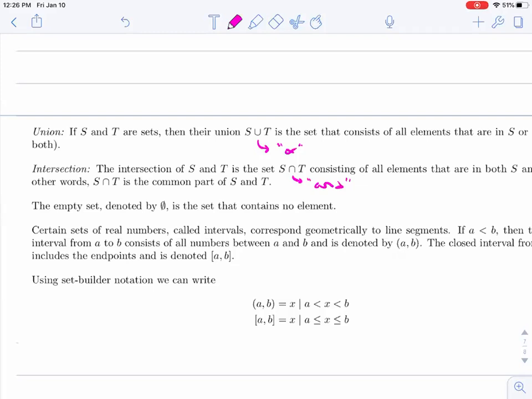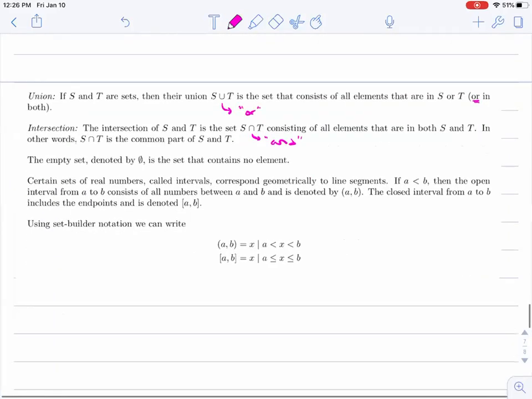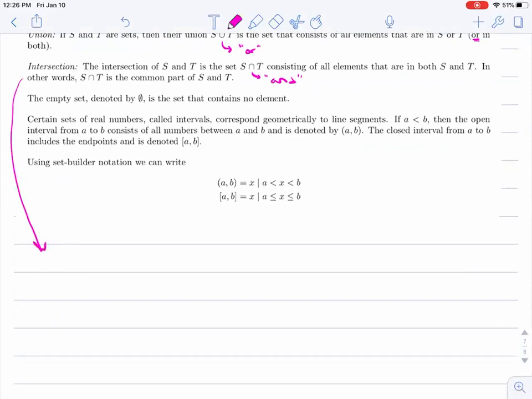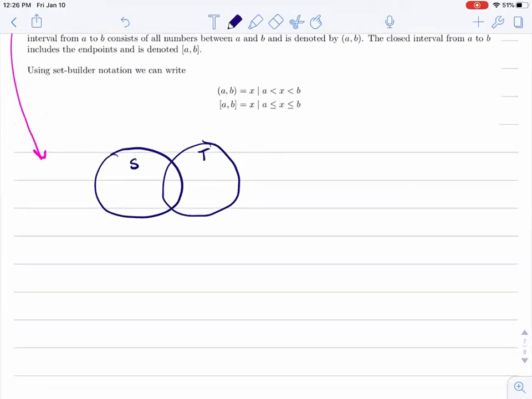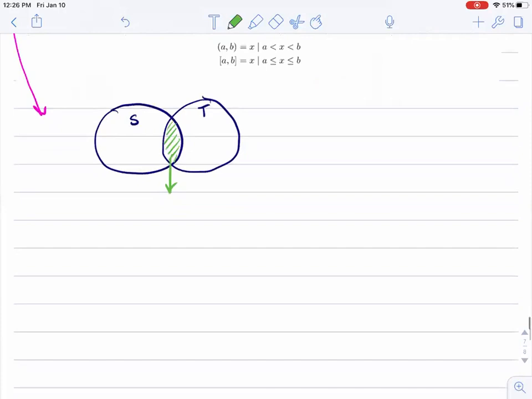Whereas S and T, the intersection, is only if it's in S and T. So I'm going to write this here. If we denote S by a circle and T by a circle, because it might be easier to think about it that way, this area is S and T, the overlap.